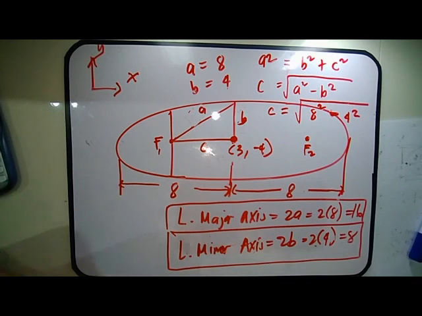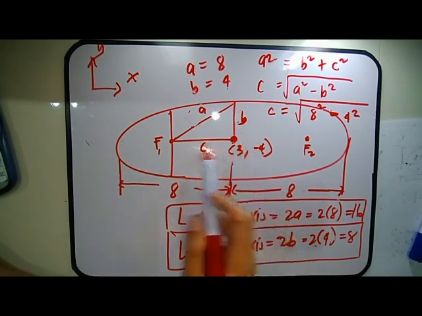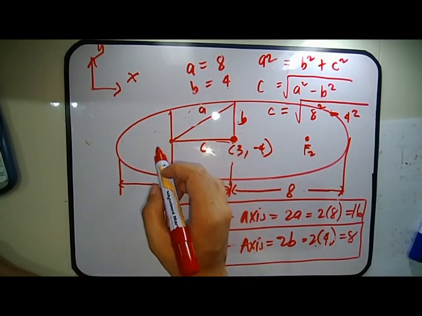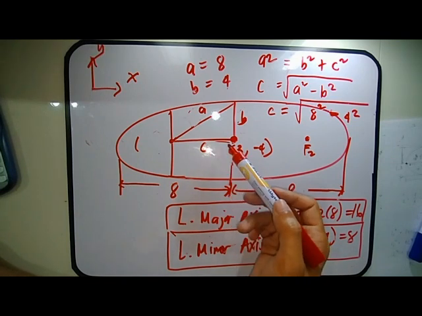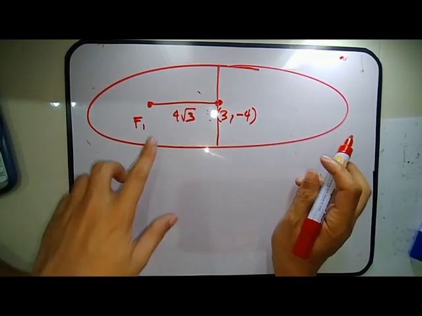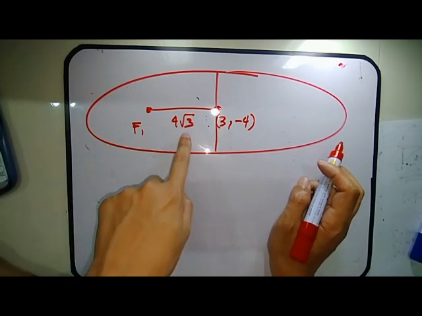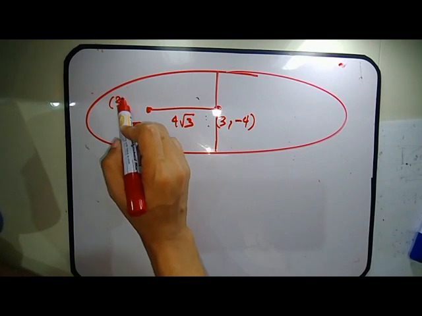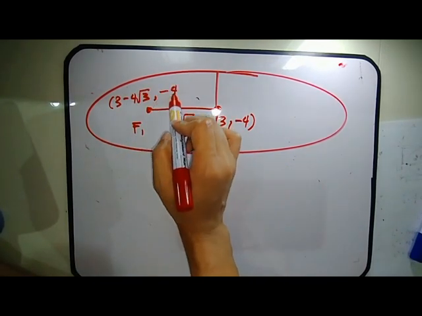Now, since this is 3, yung y niya hindi magbabago because nasa certain height, equal lang naman siya. So, ang coordinates nito is, since this distance is 4 square root of 3, magdi-decrease tayo ng 4 square root of 3 units. So yung coordinate natin guys is here. So 3 minus 4 square root of 3 and negative 4.